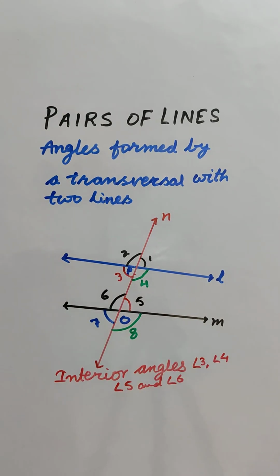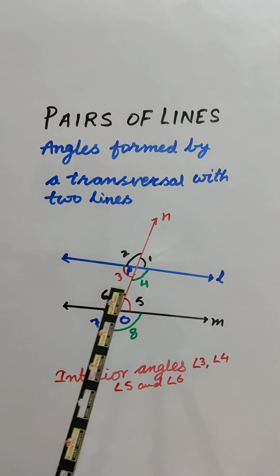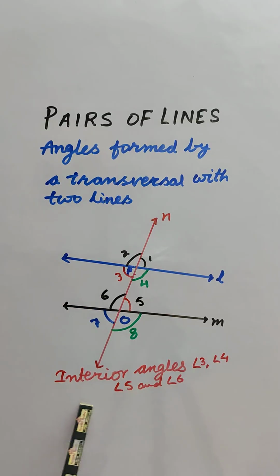Interior angles. Angle 3, angle 4, angle 5 and angle 6 are interior angles, since these are the angles whose arms include line segment PQ.